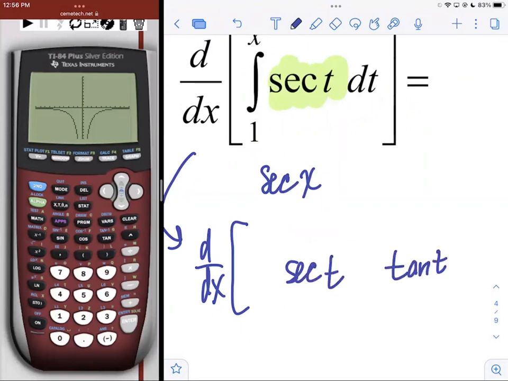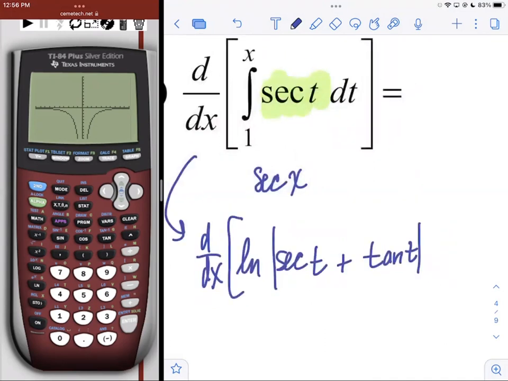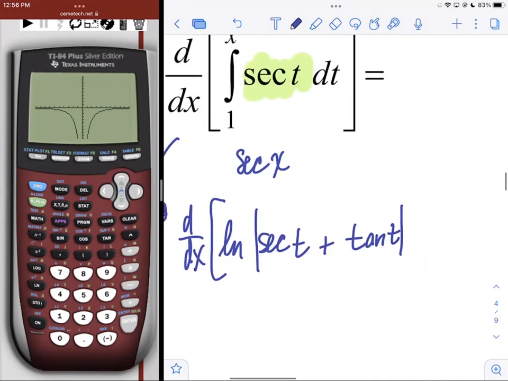The only difference is instead of multiplying them, secant times tangent, they're added together inside of an absolute value behind a natural log, right? Remember that? That's the only difference. All right. Yeah, and then we evaluate it from 1 to x. Make sure you still know your antiderivatives, right? We did that memorization test.